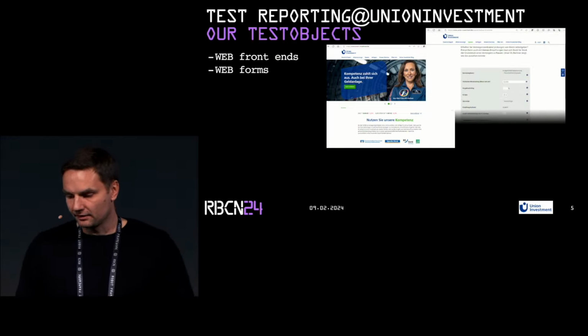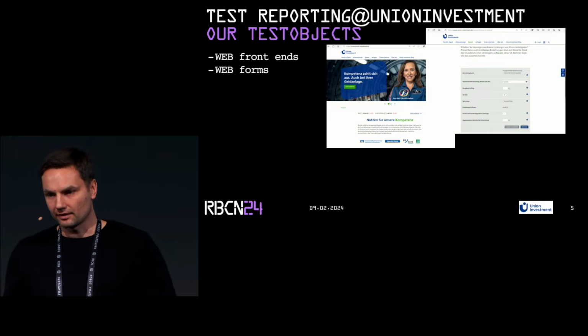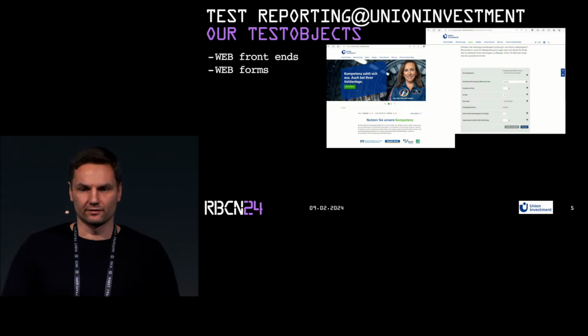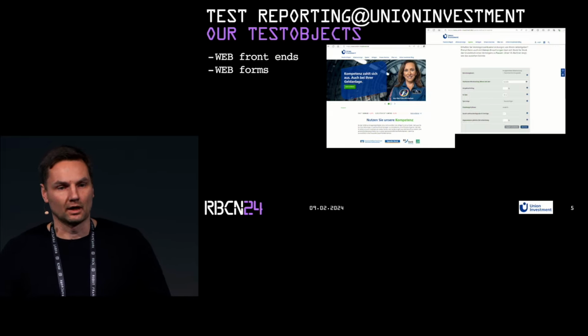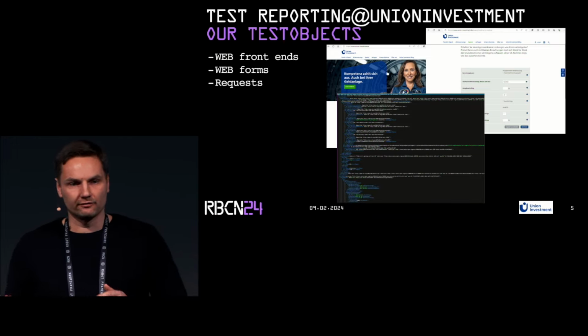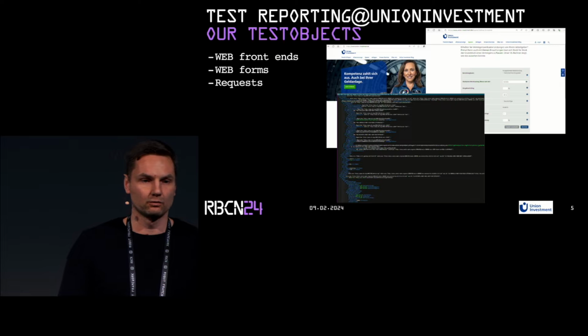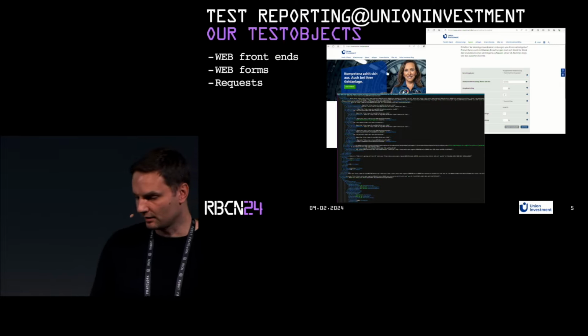We also have many forms we need to check, so we're entering data, submitting them, and looking into the database if everything came in, and we're also checking the responses. The Browser library is our choice there too. Most methods we're also able to trigger using requests. So the Request library, we heard yesterday about it, is in use there.